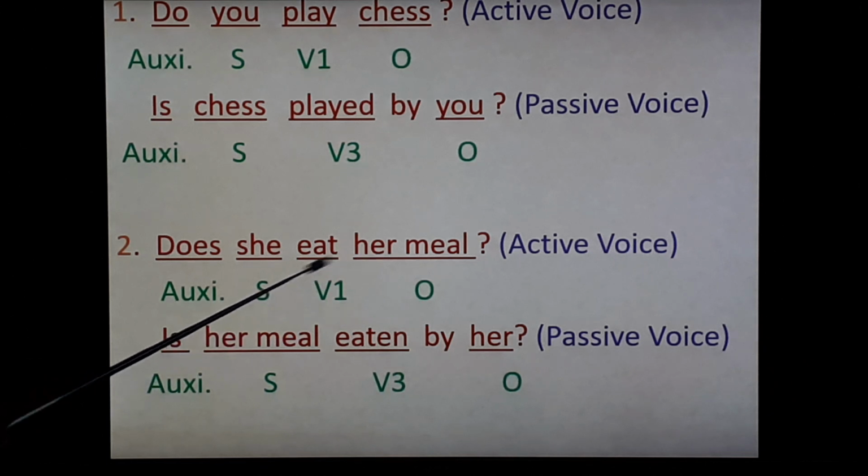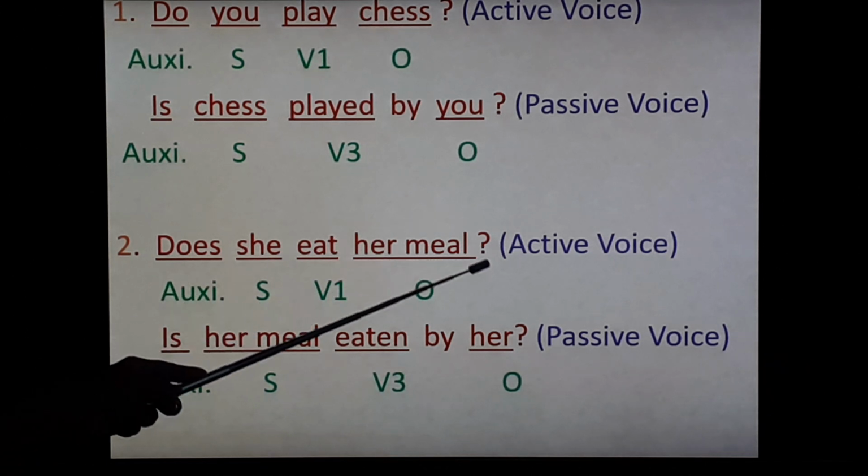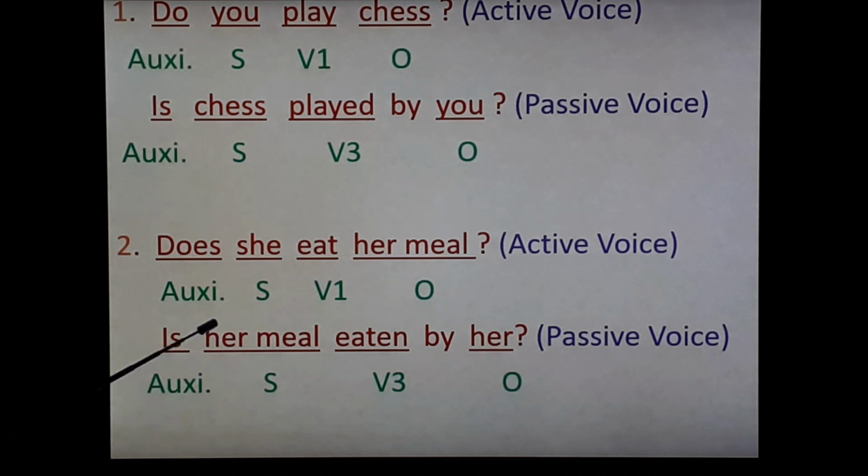So here her meal, but here it is given in question form. That's why we have to put the auxiliary first. According to her meal, is, am or are, is will come. So you have to start with is. Then her meal. Then the V3 form of the main verb eat, that is eaten.